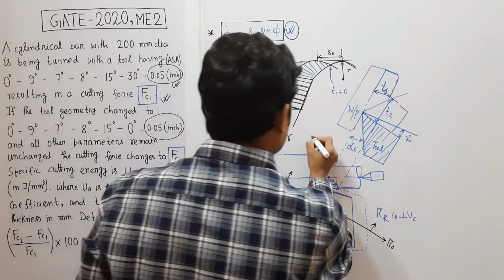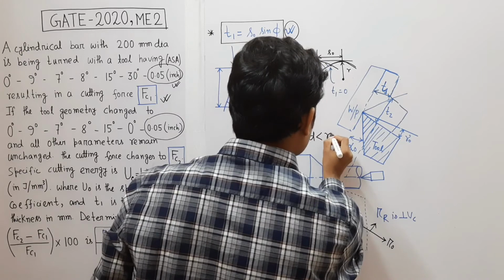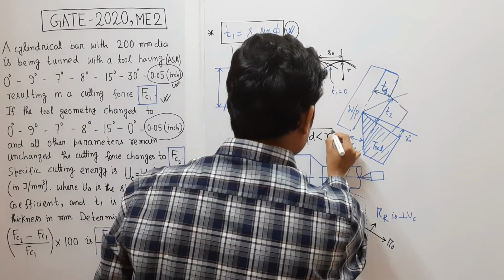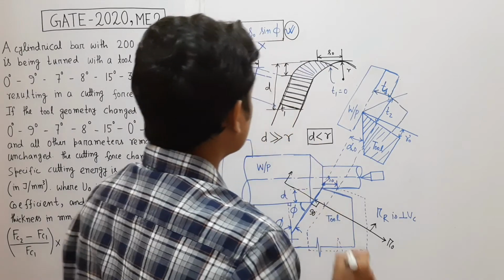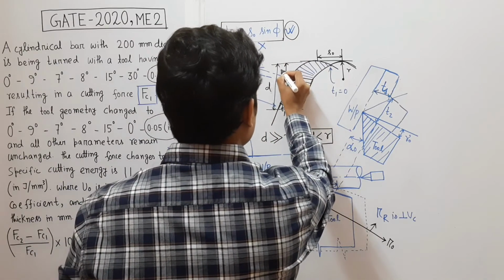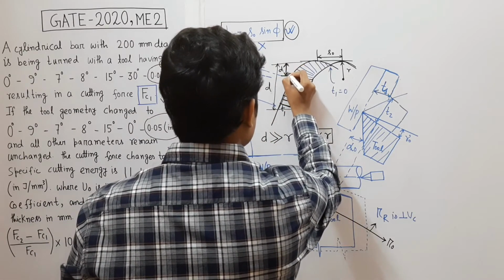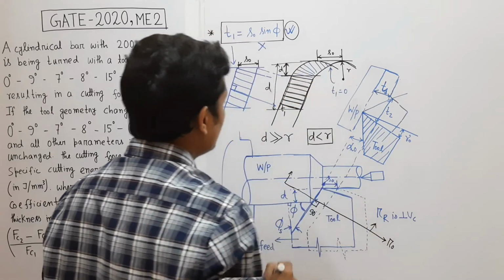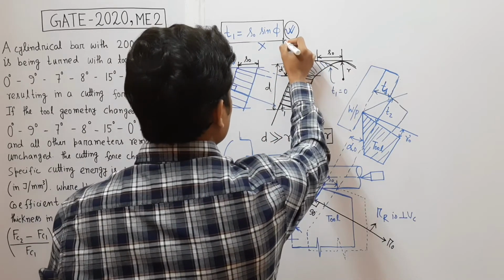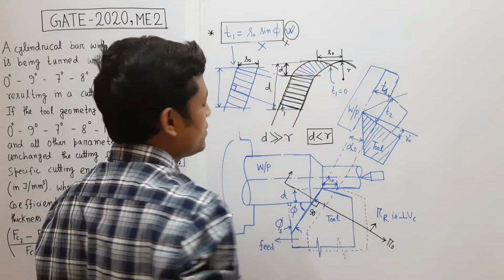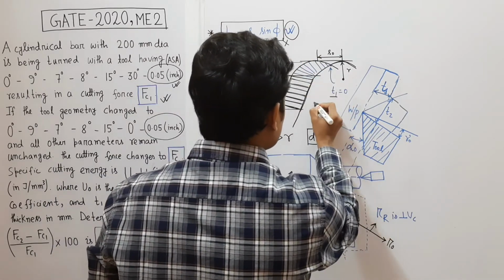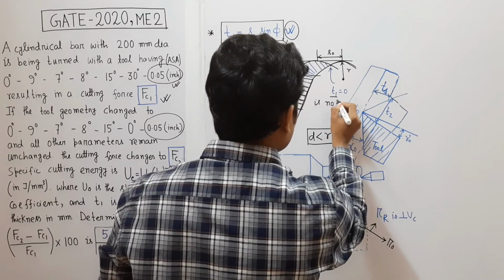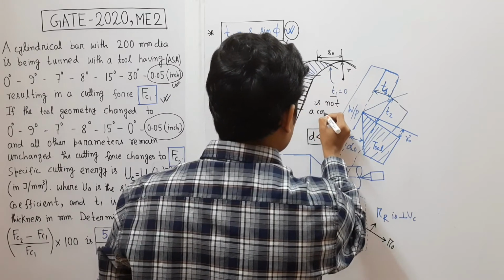But if D is smaller than R, that is, the depth of cut is smaller than R, say somewhere here, then this equation does not remain valid. T1 is S0 sin phi, and this T1 is not a constant.